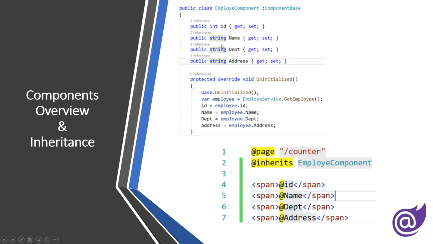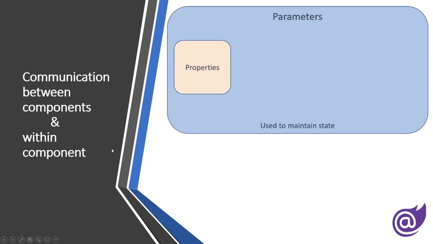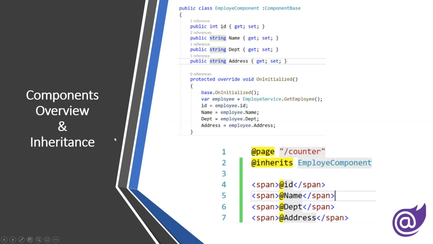So these values will be available in this class. This is the parent class. This is the child class. In object oriented programming, this is parent class and this is child class. Okay, this is the communication.